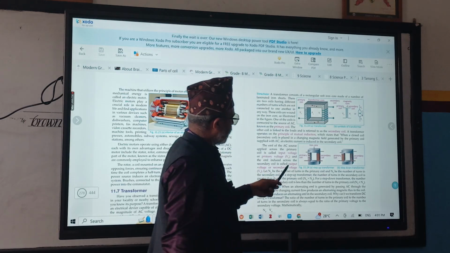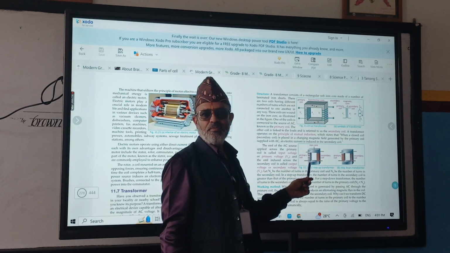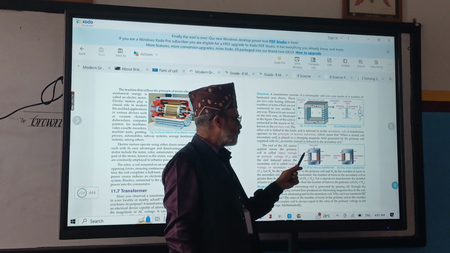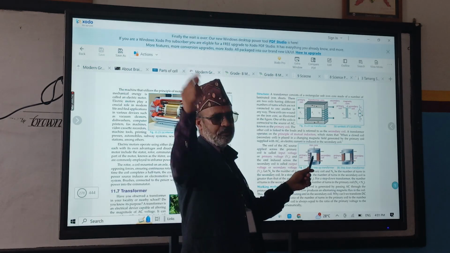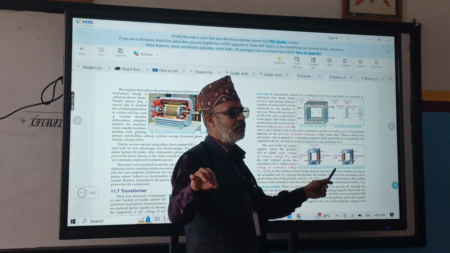In a transformer, there is a primary coil and a secondary coil. Primary coil means the winding of wire where current is supplied, the input current. From the secondary coil, we get the output current.